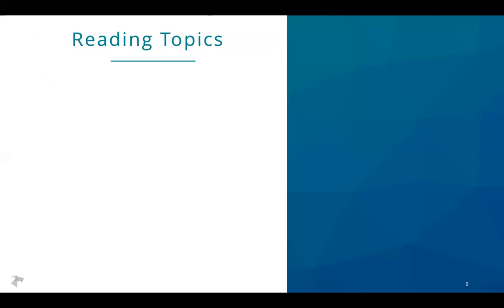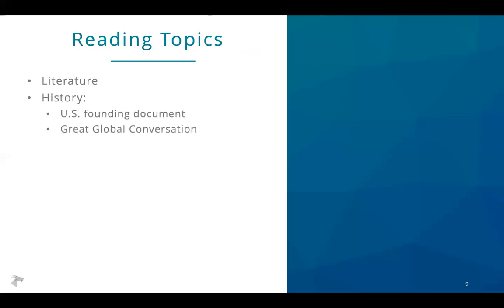The topics of the reading passages that you'll see, there's always a literature passage or a fiction passage. There's a history passage, and that will either be a US founding document or what SAT calls the great global conversation that it inspired. So examples of the types of founding documents that you might see would be something like the Declaration of Independence or the Bill of Rights.